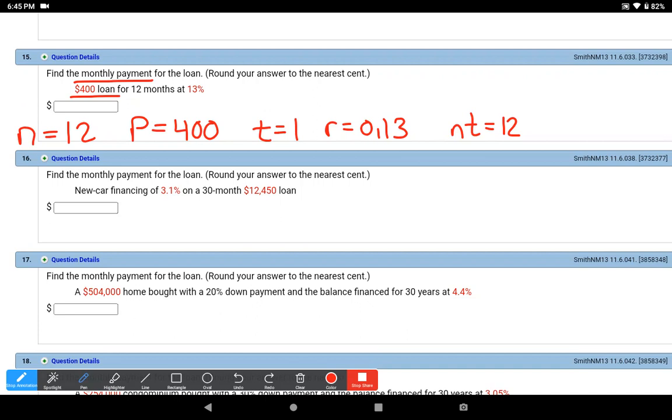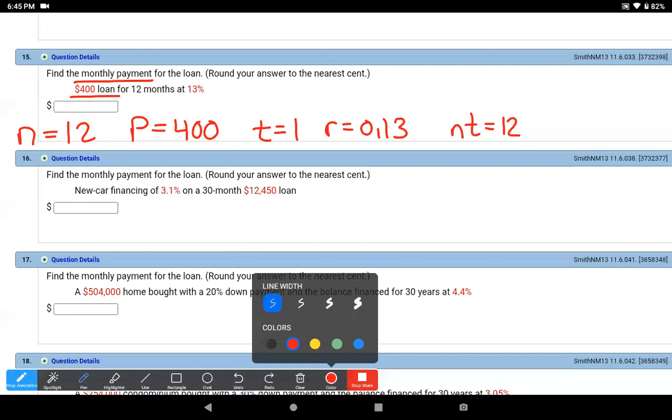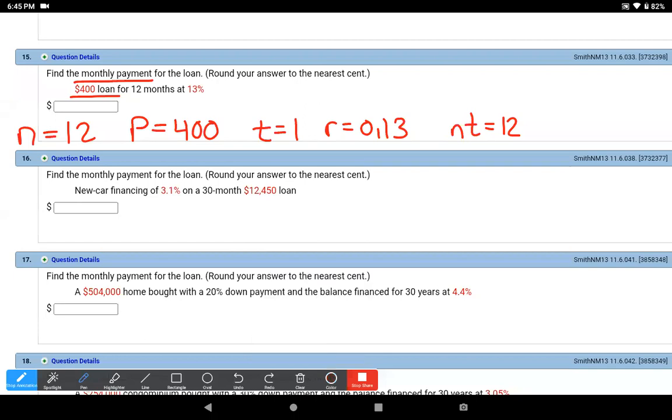I've gotten the same answer twice, so I think I must have written something down wrong. I think I skipped this one in my prep work. So I'm going with $35.73 because I think I just skipped writing down the answer.